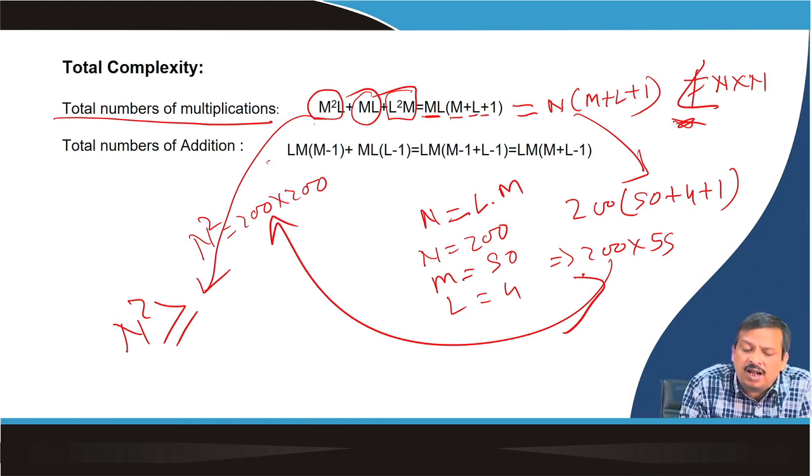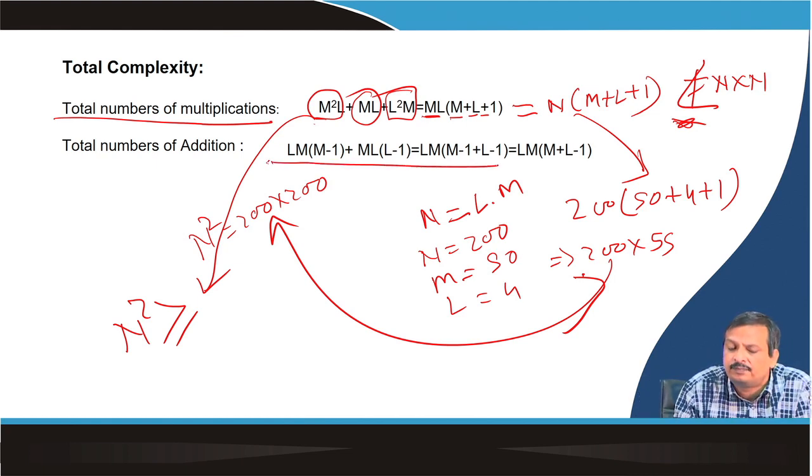Similarly, how many total additions are required? Only 2 stages of addition are required. The second stage does not require any addition. So LM into (M minus 1), ML into (L minus 1). So I can say N into (M plus L minus 2).